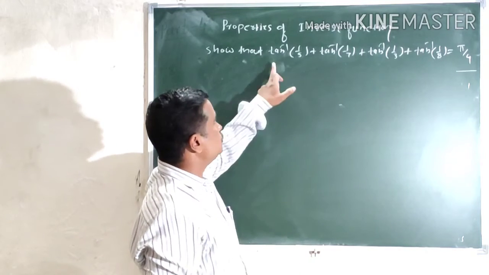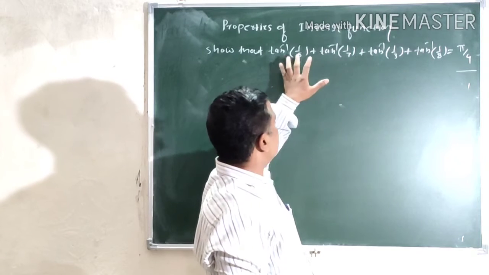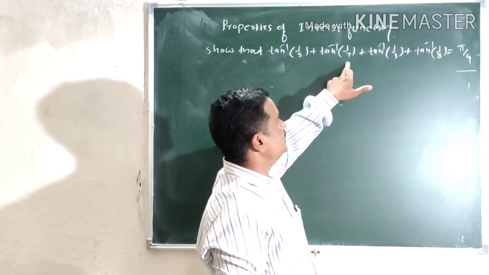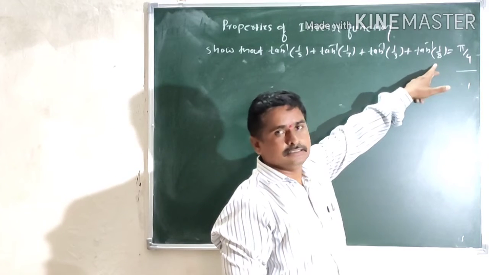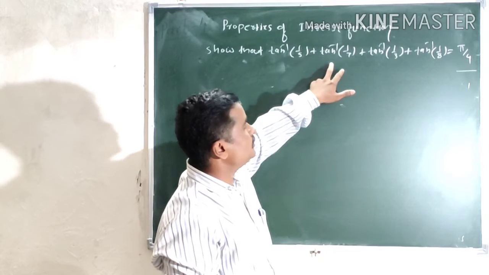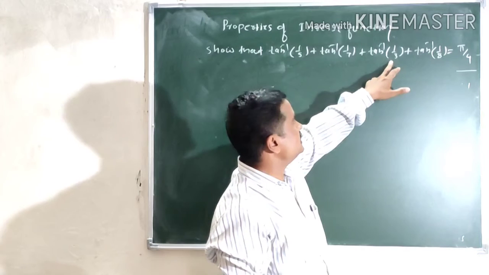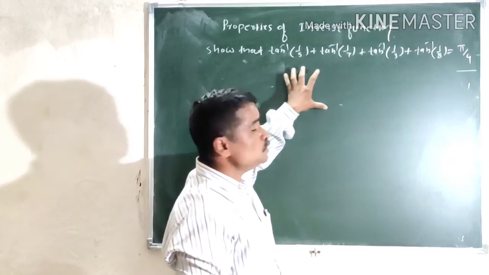That means we have to show that the value of LHS, tan inverse of x plus tan inverse of y, and use the property.